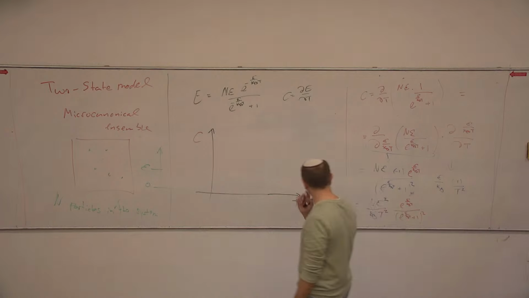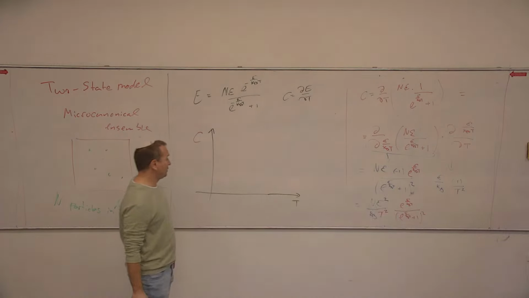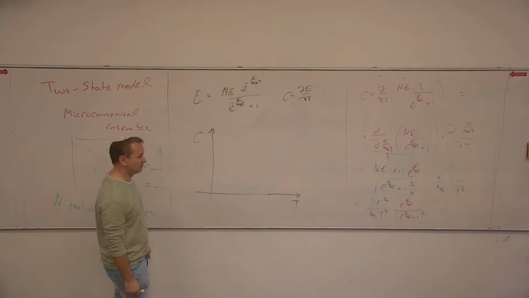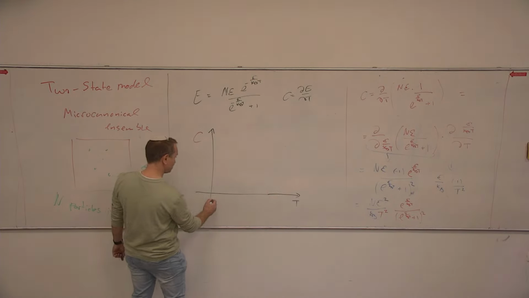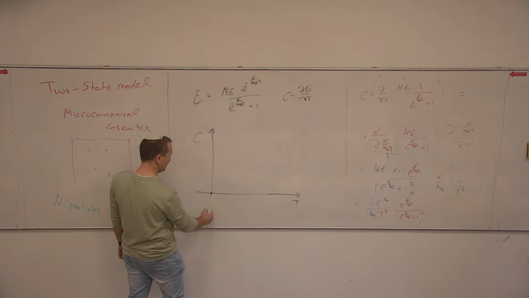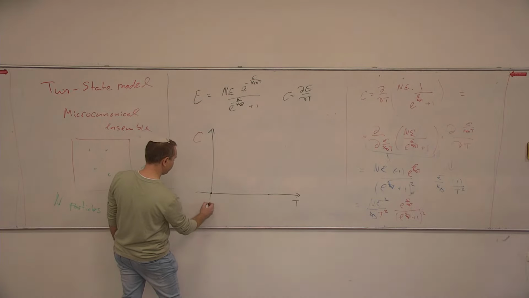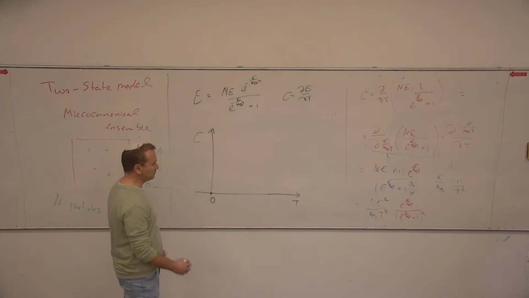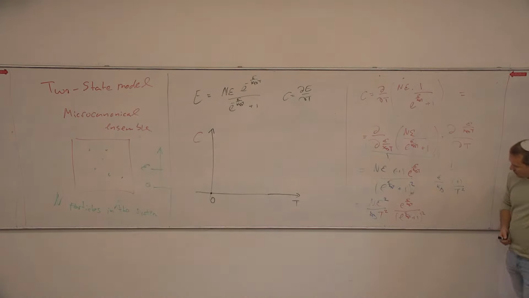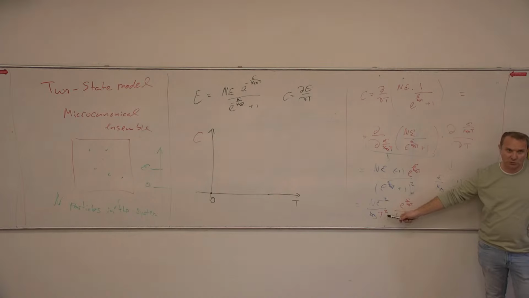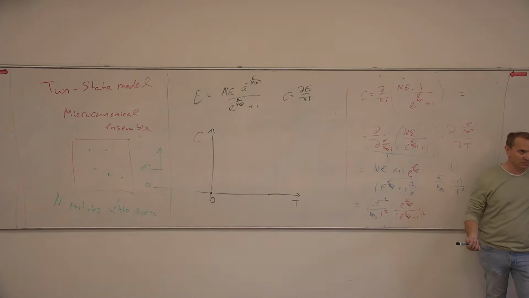So what do we know? Let's look at the two limits. First, the limit when t goes to 0. When t goes to 0, what happens to 1 over t squared? It diverges, right?